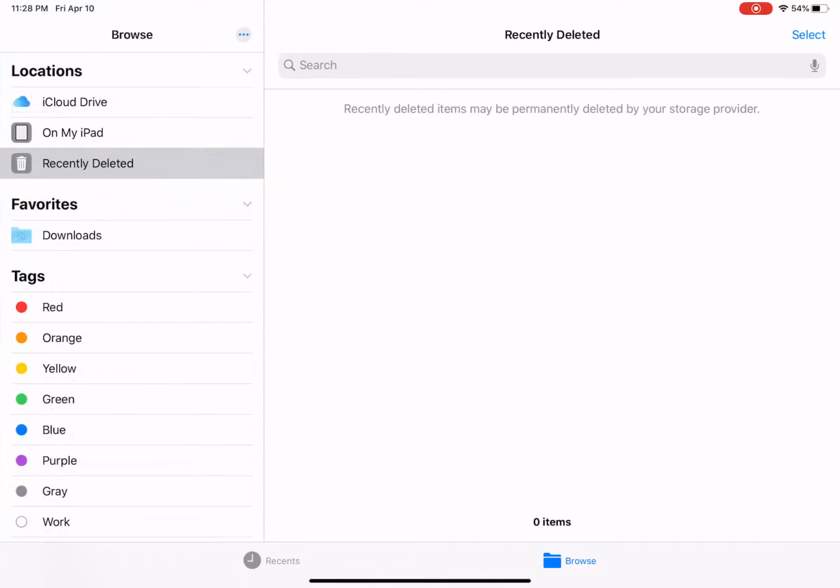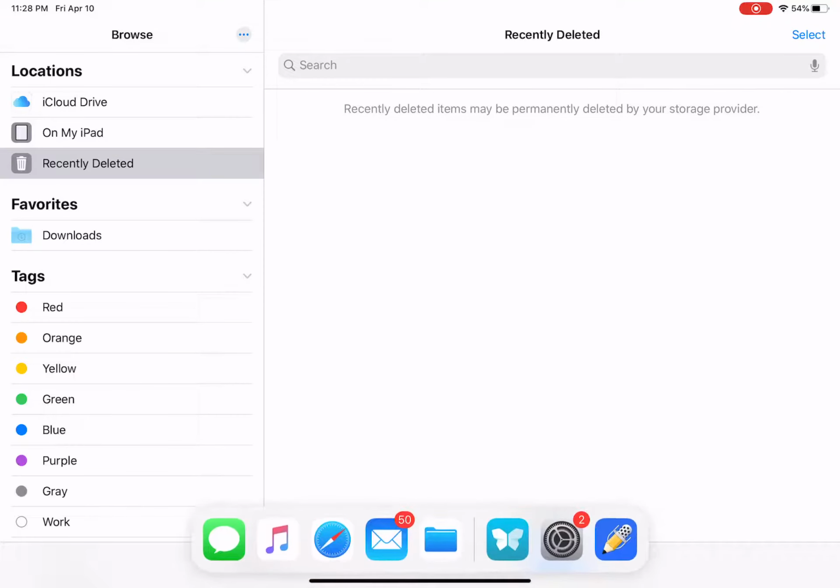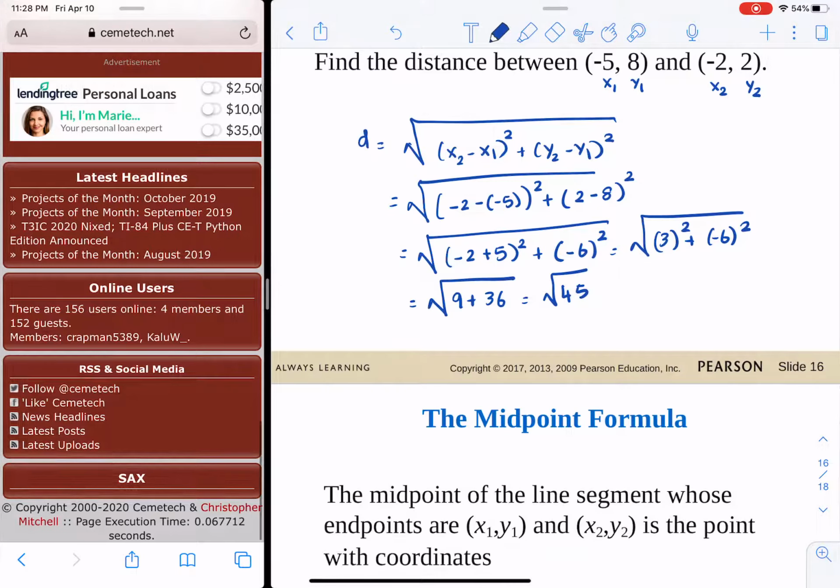Now, it is always good to ask the question if we could simplify this further. As we saw earlier, we can do it if we can write 45 or its factors in terms of a perfect square. Here we could write square root of 45 as 9 times 5. 9 is a perfect square.